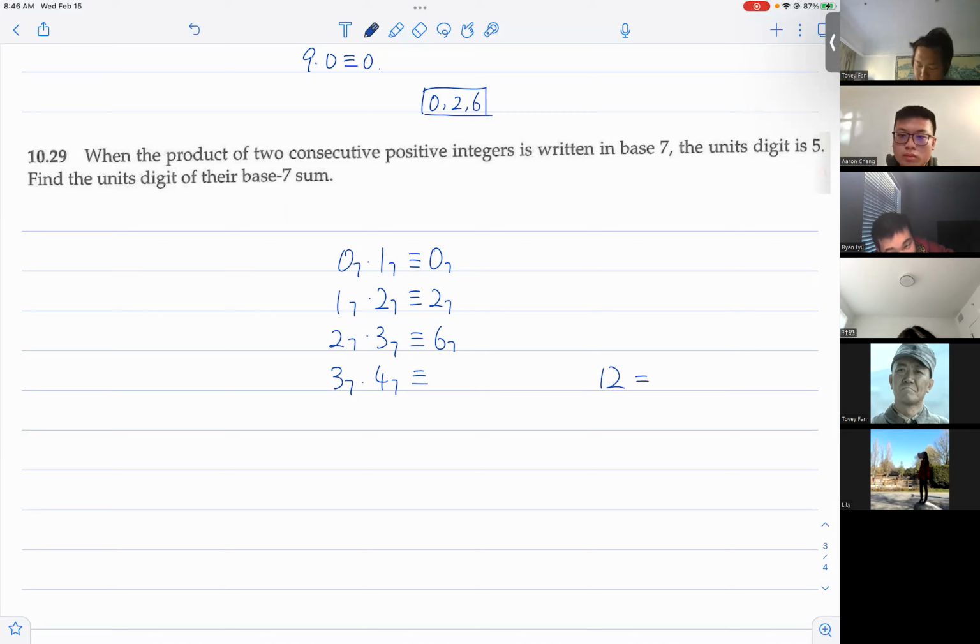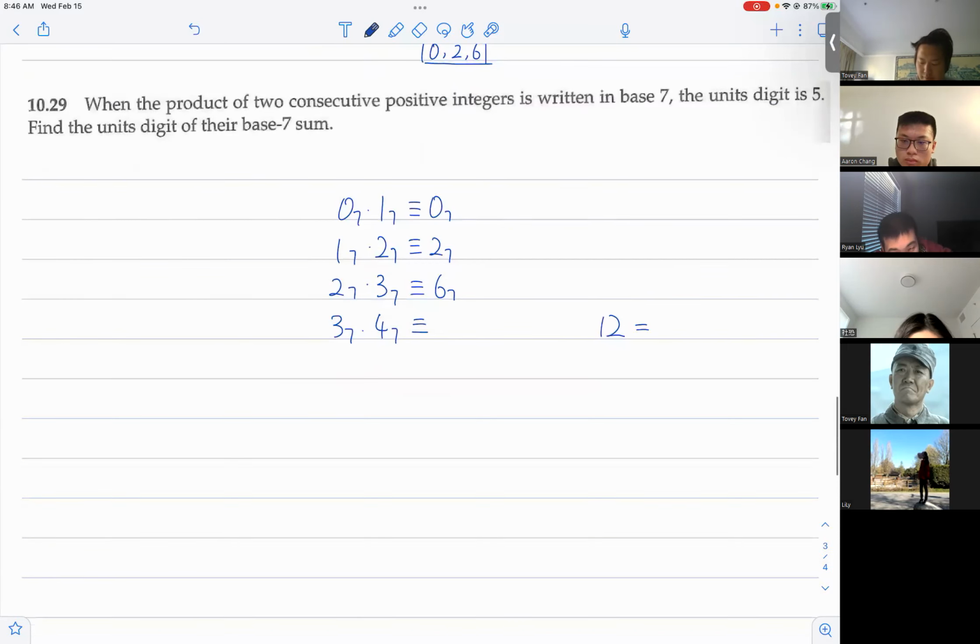Do you remember? Base 7 digits go from 0 to 6, right? Any number in base 7, like 1, 2, 3 in base 7, is 1 times 7 squared plus 2 times 7, and then plus 3, right?